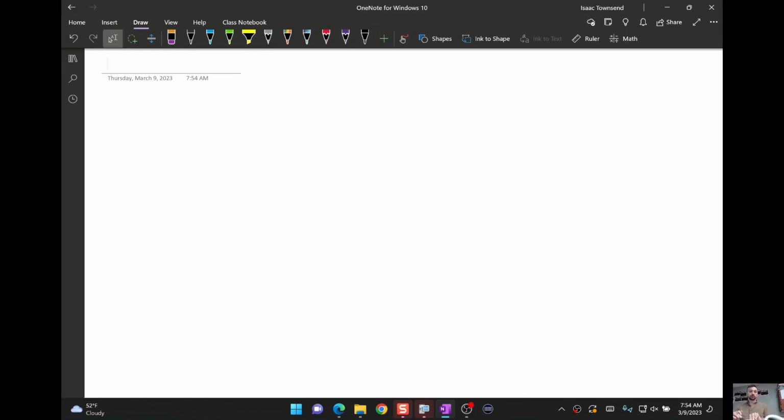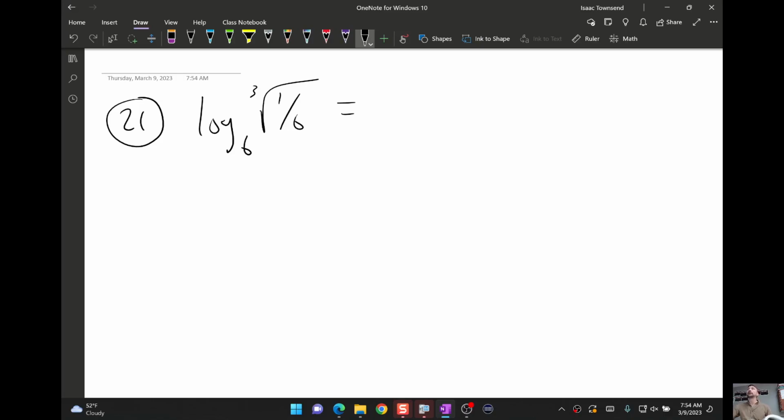Go through 21. 21? First thing I would do in 21 is change this cube root into an exponent. Cube root is the same as an exponent of a third. And then since this is now an exponent on something that you're taking the log of, this can come down out front.